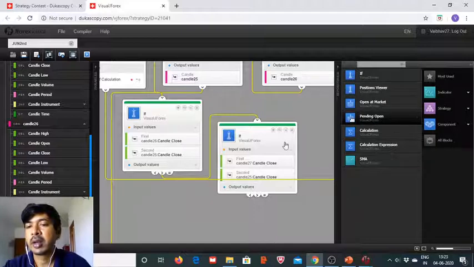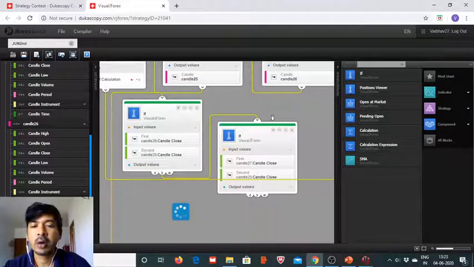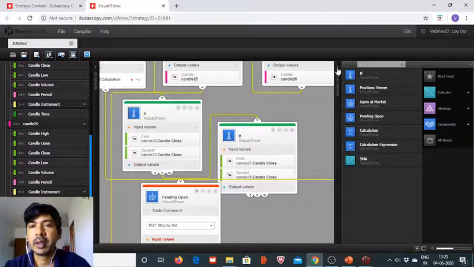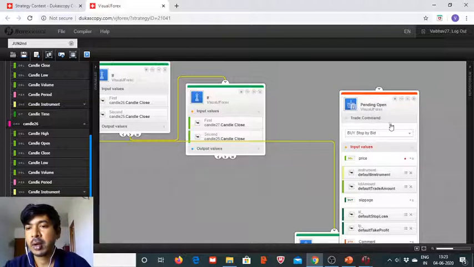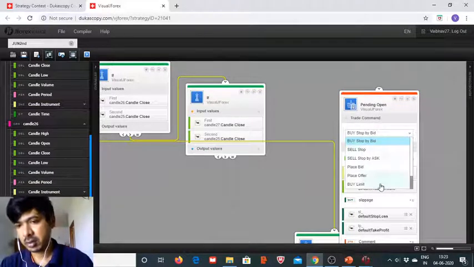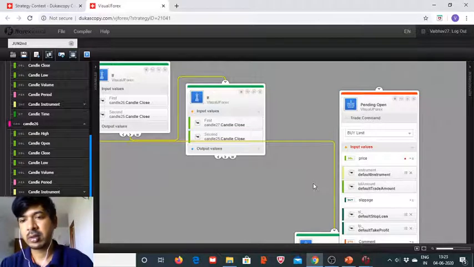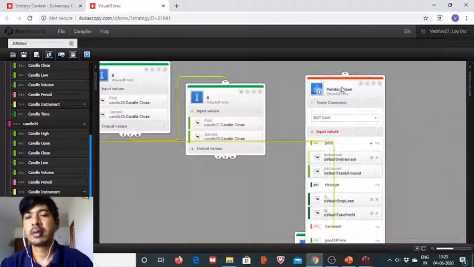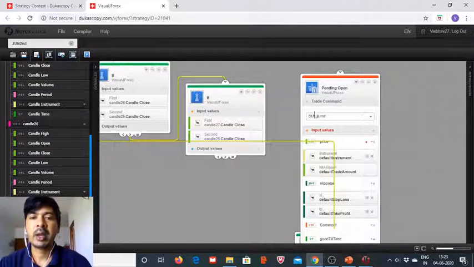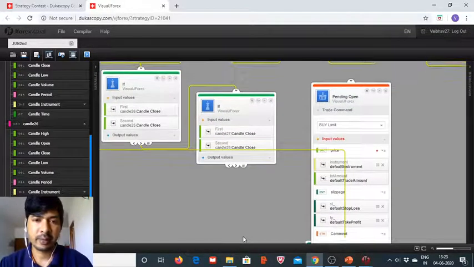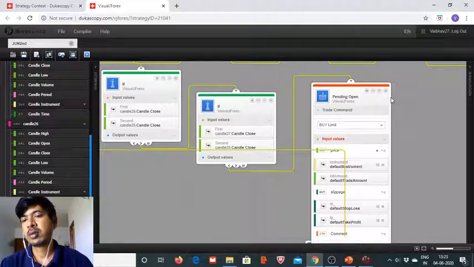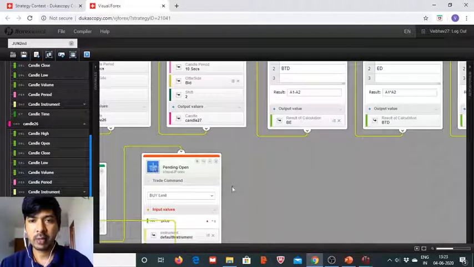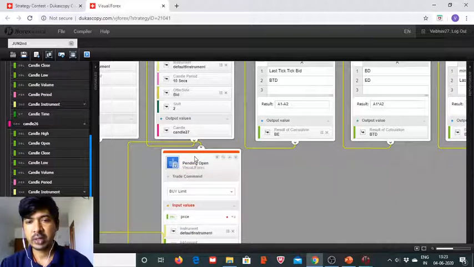So now we are bringing in the order block, the pending open, and this is going to be a limit order. We will be placing a buy limit, and it should be less, and the entry price would be the calculation we have done here.